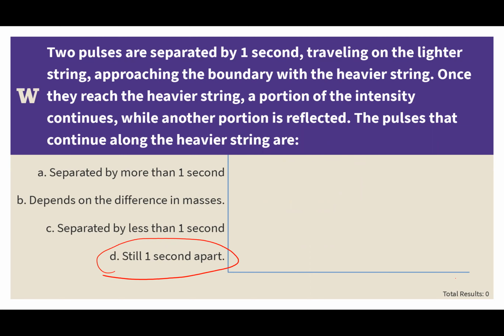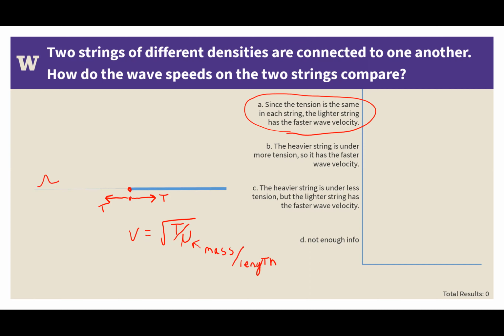Now, if I imagine I have that boundary and two waves are approaching separated by a certain amount of distance, it's really interesting to talk about what happens when they transition onto the next string. So after they've transitioned, right, they're still going to be the same time apart.